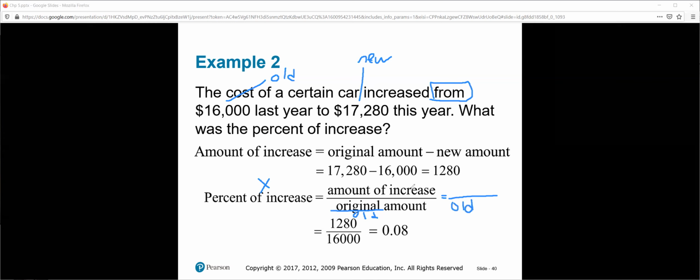So does that mean the top number is my new number? Well, slow down now, right? Because we notice here in the equation, amount of increase does not say new amount, right? It says amount of increase. So we need to think, what is amount of increase? What does that mean? How much it increased, how much it grew.